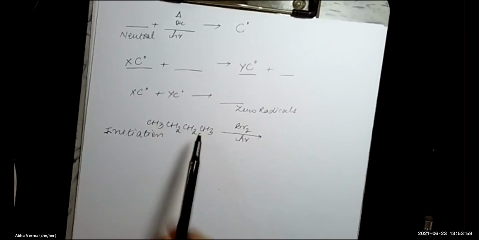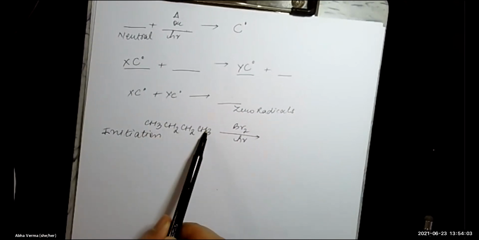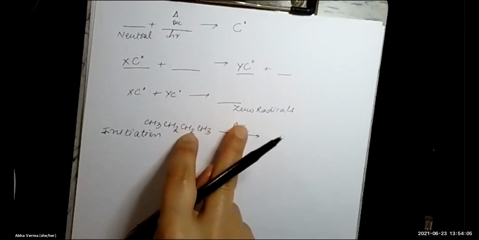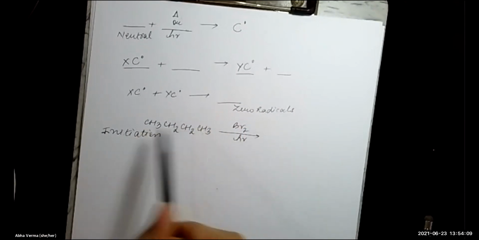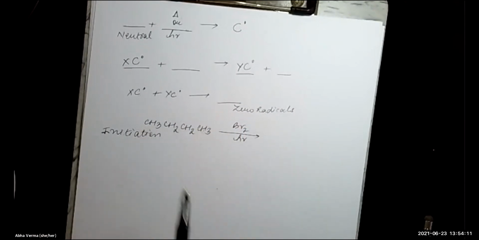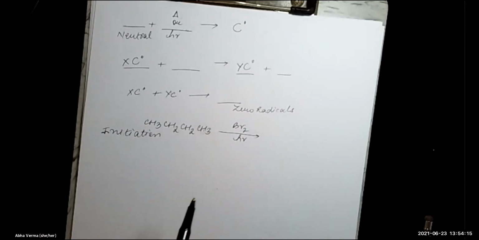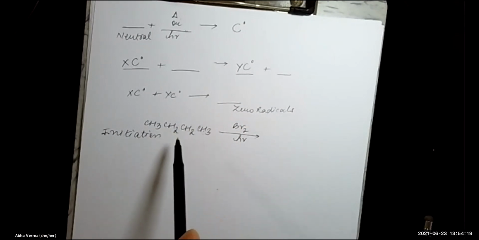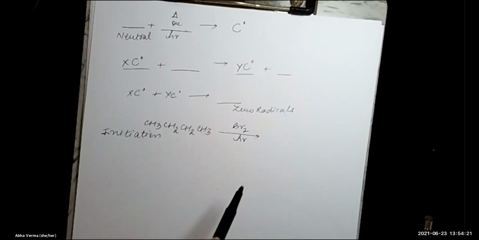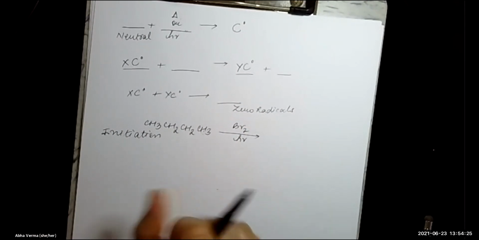Now, based on our previous information, which hydrogen will be abstracted? There are only two types of hydrogens on this structure: primary, there are 6 primary hydrogens, and secondary, there are 4 secondary hydrogens. Which hydrogen, primary or secondary, will be abstracted? First of all, you should know that. Anybody?